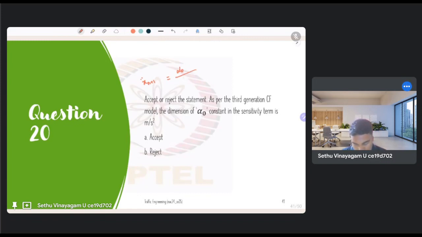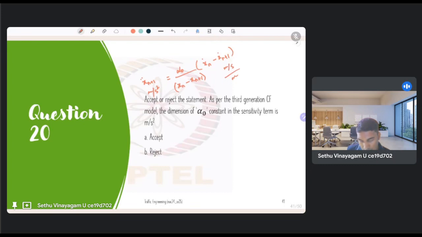also has the spacing between the vehicles, which is x n minus x n plus 1. So the spacing is there, and then the stimulus is nothing but the relative speed, right? So x dot n minus x dot n plus 1. So the response has a unit of meter per second square. The stimulus is in meter per second, and the spacing has the unit meters.